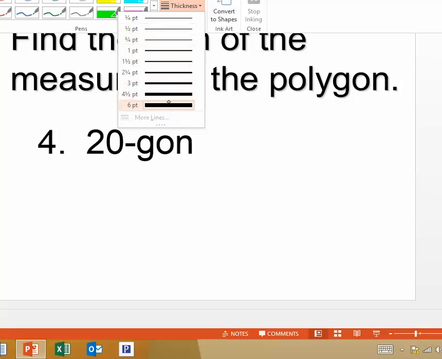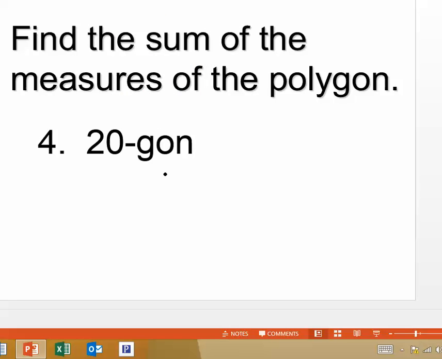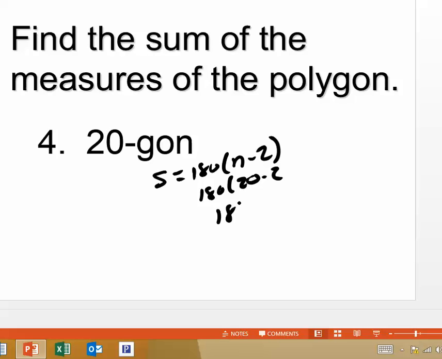A 20-sided figure, that means 180 times 18. 3,240.